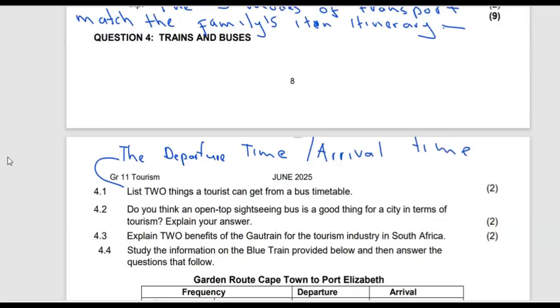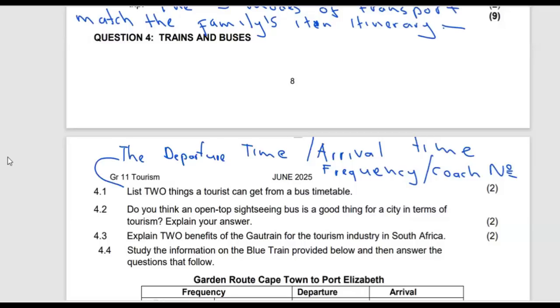In addition to that, the frequency of the bus. How often does it travel? Then coach number, etc. So that is important information which you can find on a bus schedule.